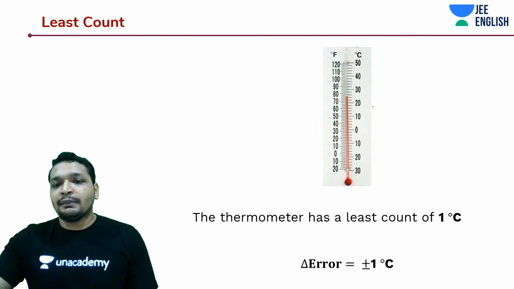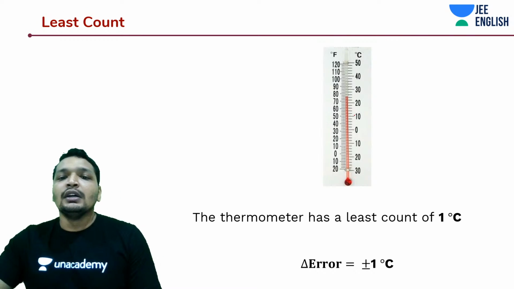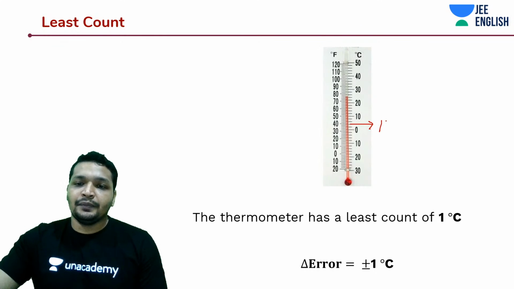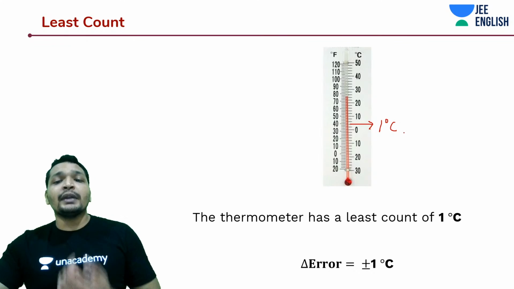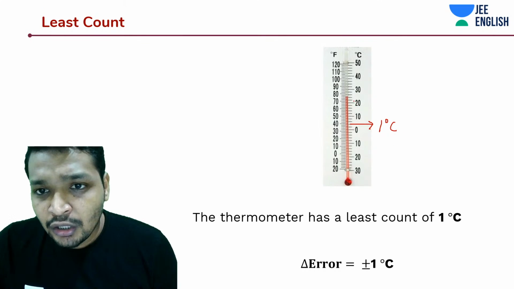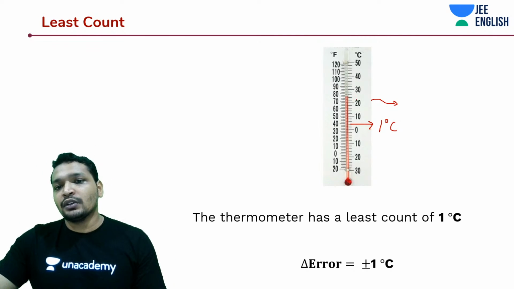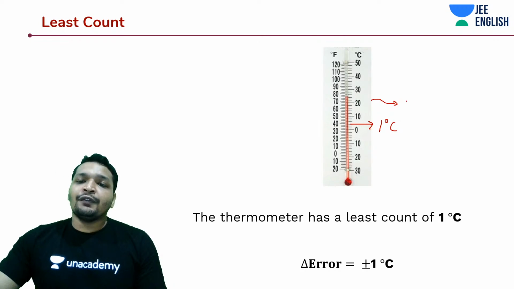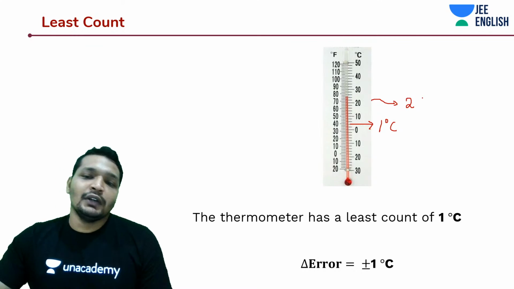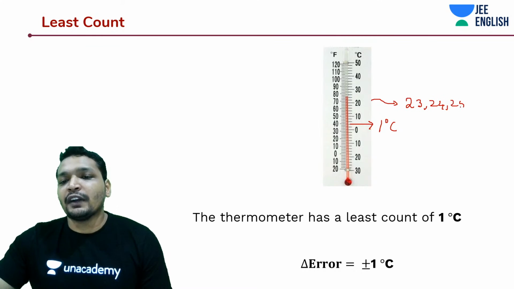For example, in this case, I'm measuring some temperature on some old school type thermometer, where I am able to only measure up to one as the least count. That means with this thermometer, if I'm measuring somewhere around, let's say, 24, it can be 24, or it may be 23, or maybe 25.